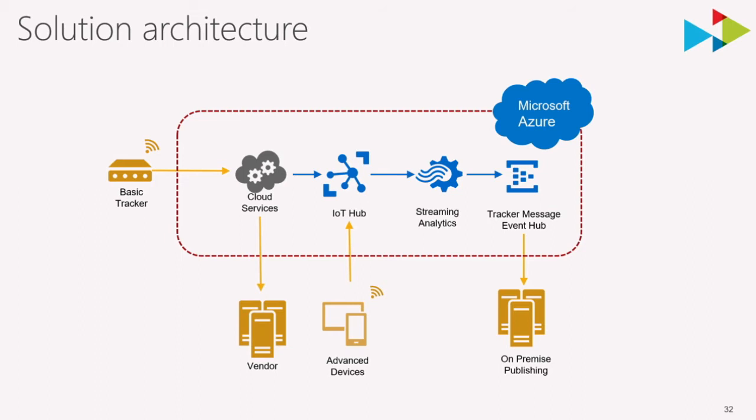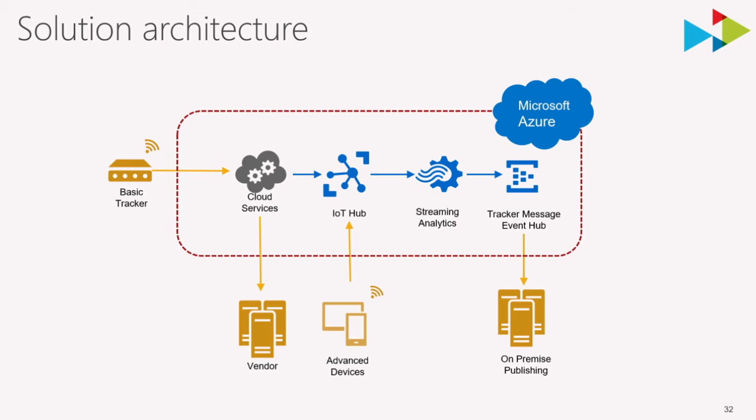So all this data flows into the IoT hub and then into streaming analytics. And streaming analytics is where we take all this data and we canonicalize it into a single message structure. And so we can report across any device, across any vehicle or crew in the same manner.